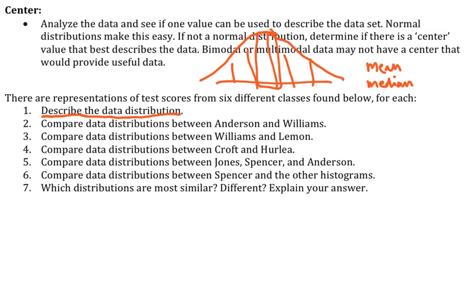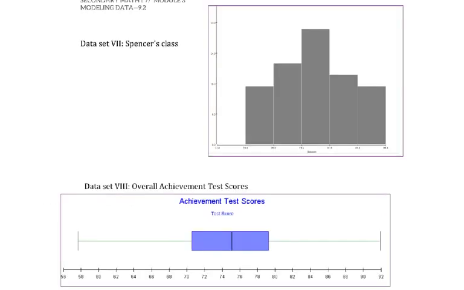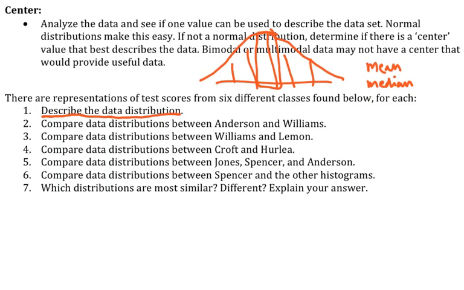So what I want you guys to do is spend about 5 minutes looking at each of these and trying to use those words to describe them, and what you think they would look like. Then after that, we'll talk about them, and then we'll have you compare these different ones. And then we'll hand this in so we can talk about it next time in class too.